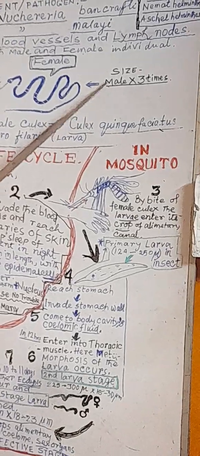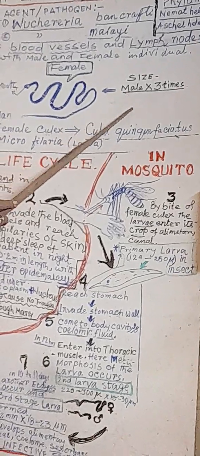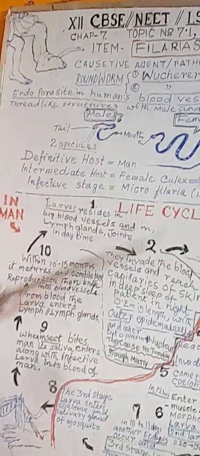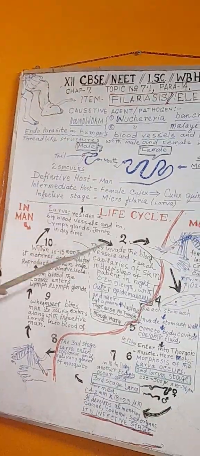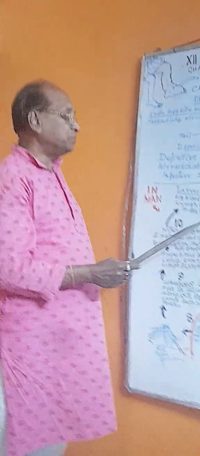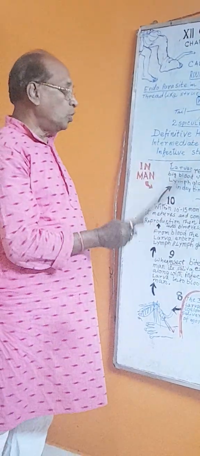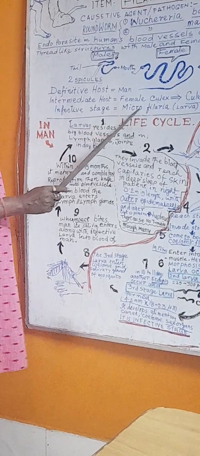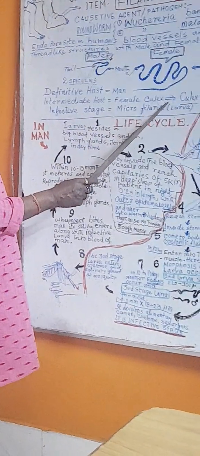When filaria attacks human beings, its life cycle has two hosts: the definitive host, which is mankind, and the intermediate host, which is the female Culex.